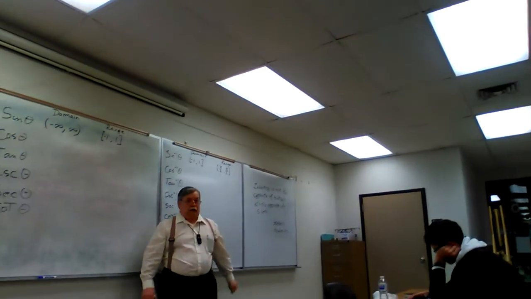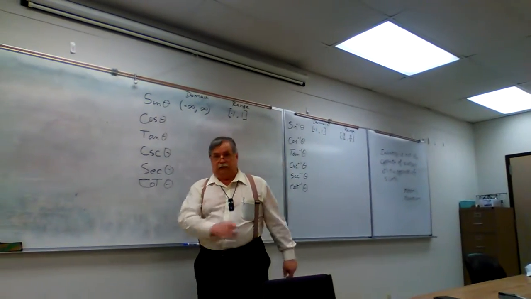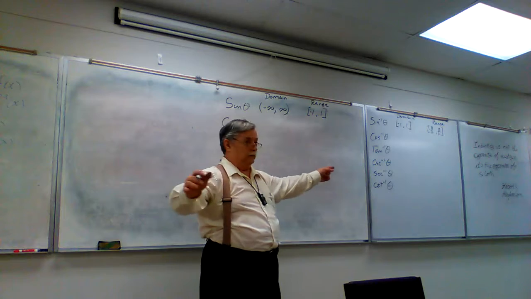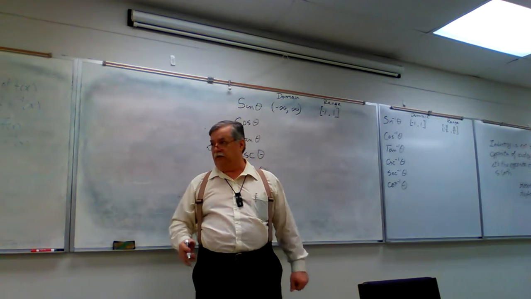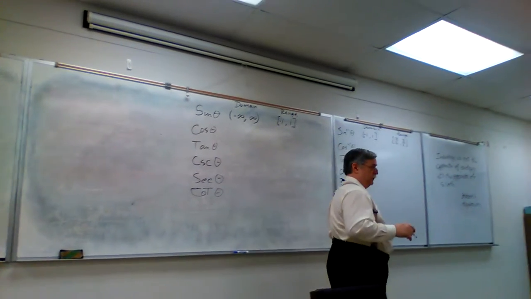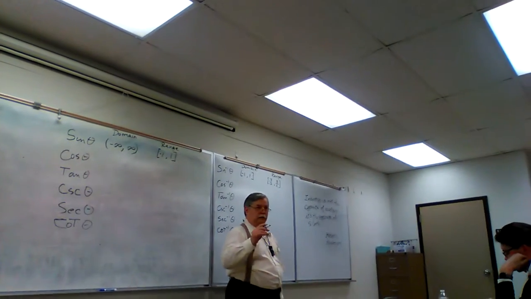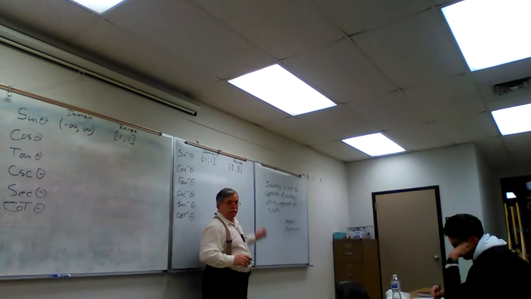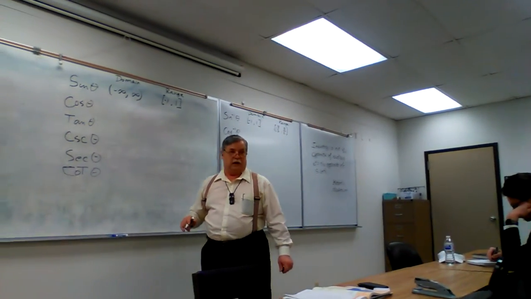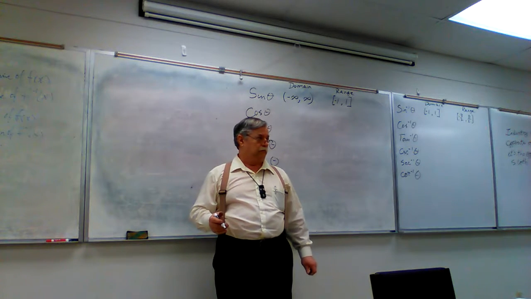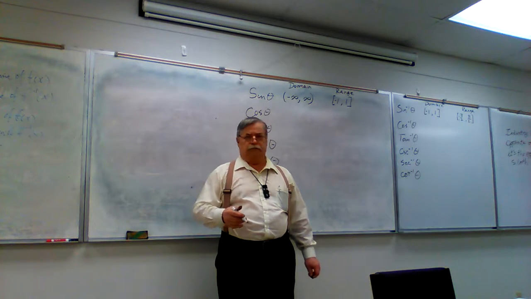Now, you can plug in any value, any number, and ask for the inverse sine of it. But it's going to map you right back to this range of the inverse function, minus pi over 2 to pi over 2. Okay?